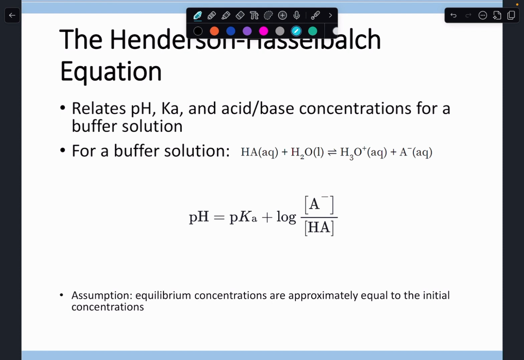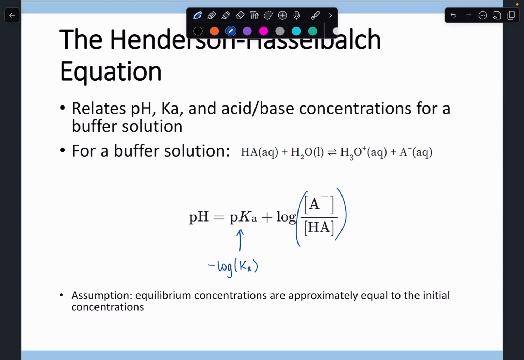So for example, if we have this example buffer solution, acid, base, conjugate acid, conjugate base, then the pH of that solution is the pKa of the acid, so that's, remember, negative log of Ka, plus the log of this fraction, conjugate base over the acid.